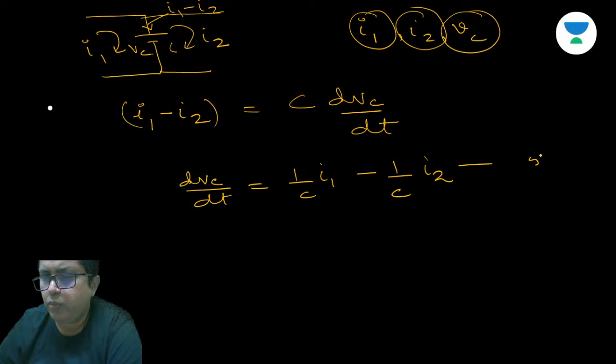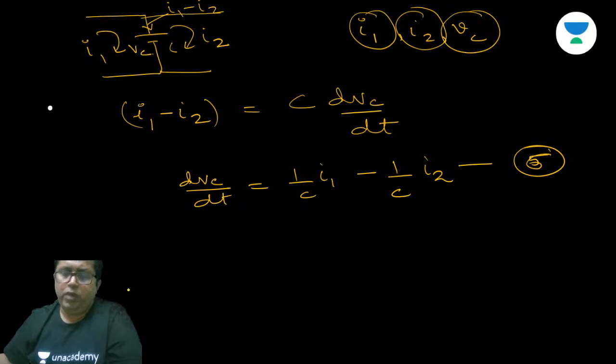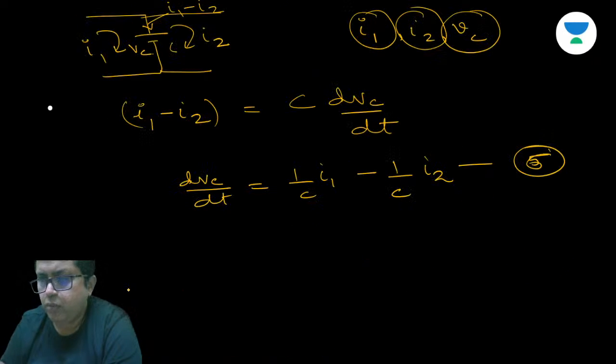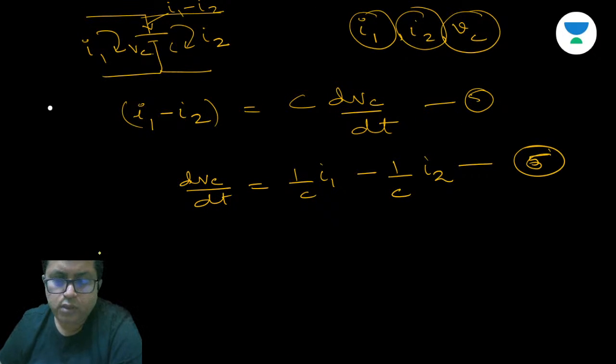Equation number 5, 6. So 3, 4, 6 are the equations.